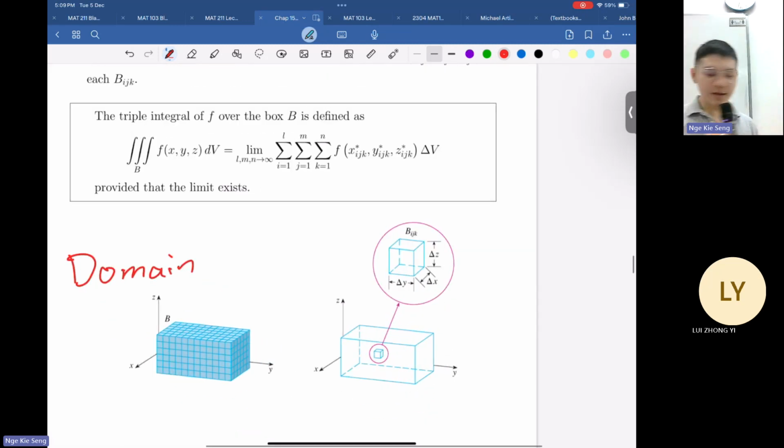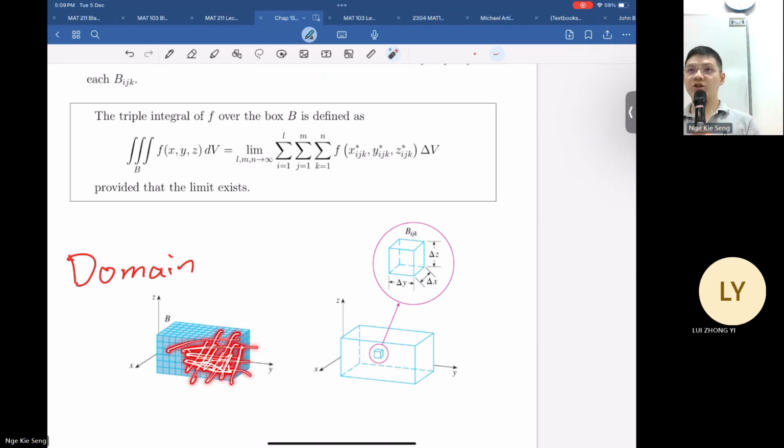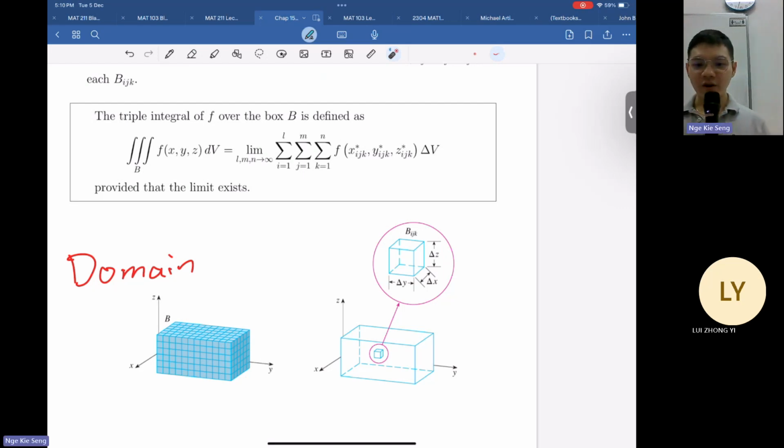Then your triple integral is similarly defined using the triple sum and the triple limit here. So you need to cut in the x direction, the z direction, z is like this, and then the y direction. In three directions you need to subdivide to get your hypervolume. So this is the definition, but of course we won't use this definition.